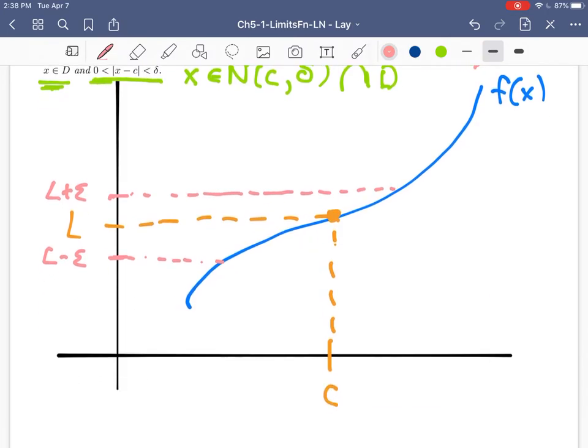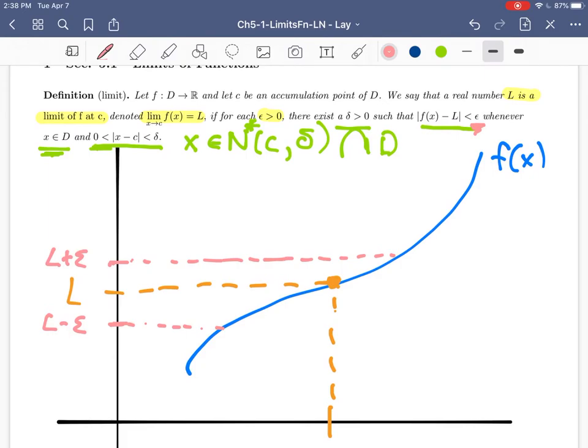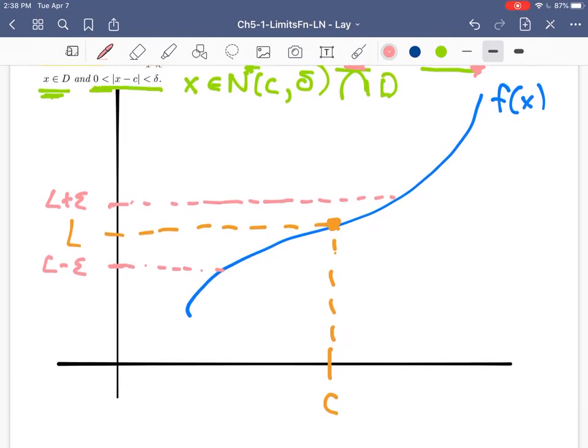And so when we do that, we are going to say, for every epsilon, there exists this value of delta. So we're going to come up with a value of delta. That value of delta is often built on the choice of epsilon. So we're going to say, what if we go delta units away from C?